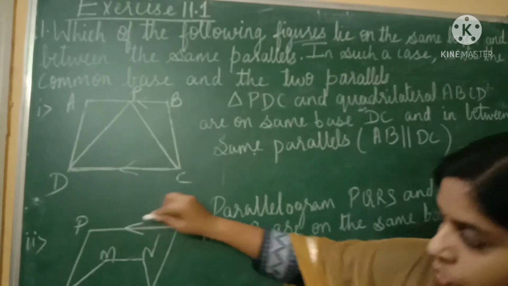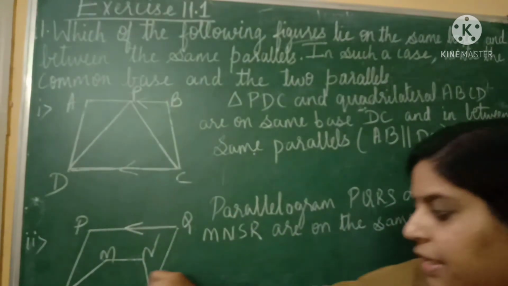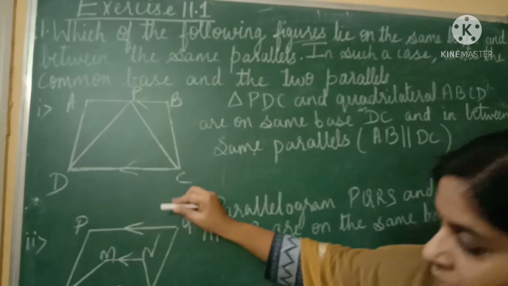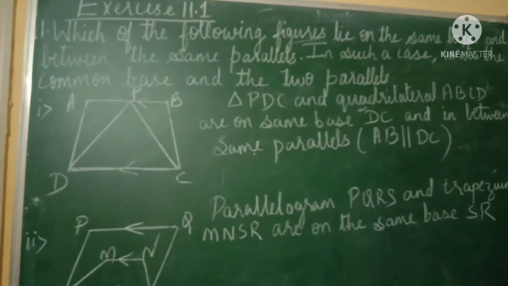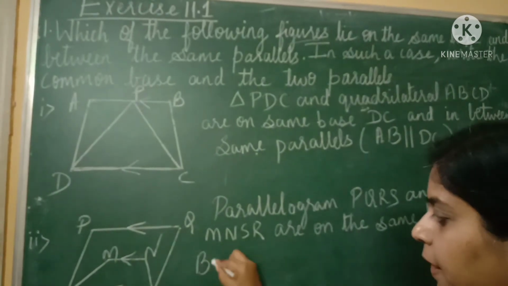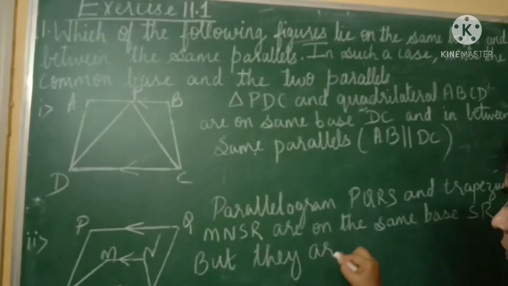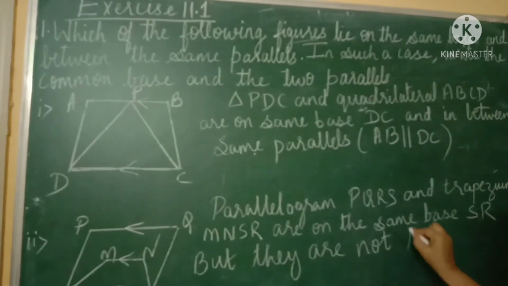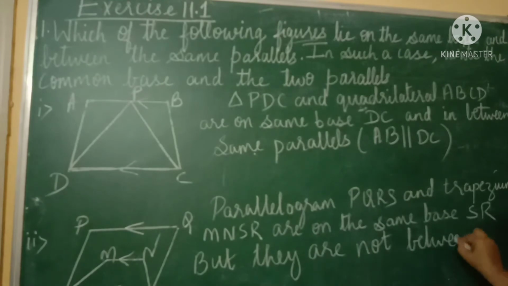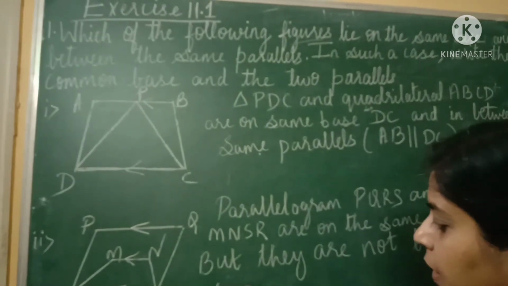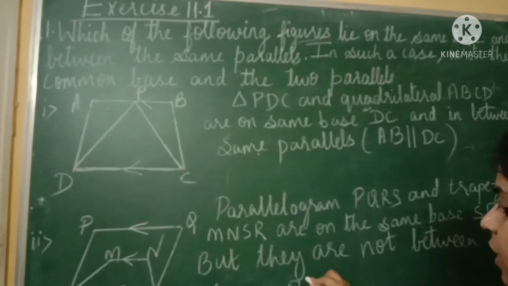Here PQ is parallel to SR, and MN is not coinciding with PQ, so you can clearly see that they are not between the same parallels.